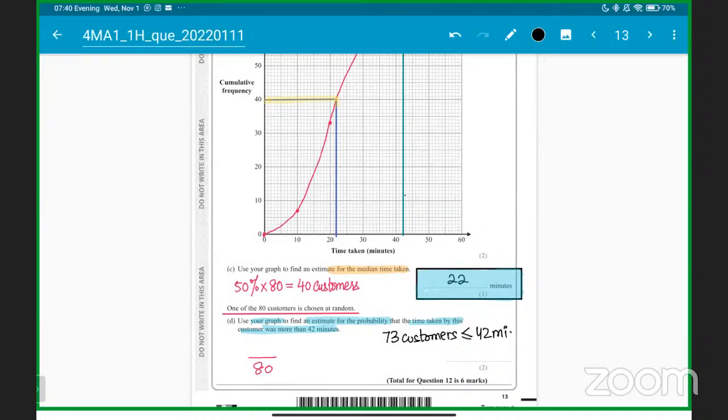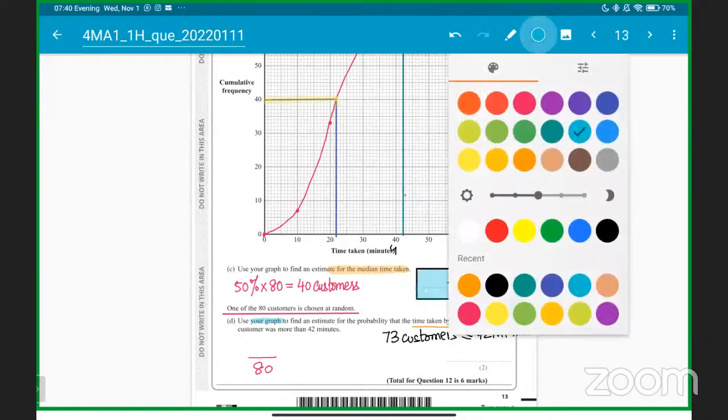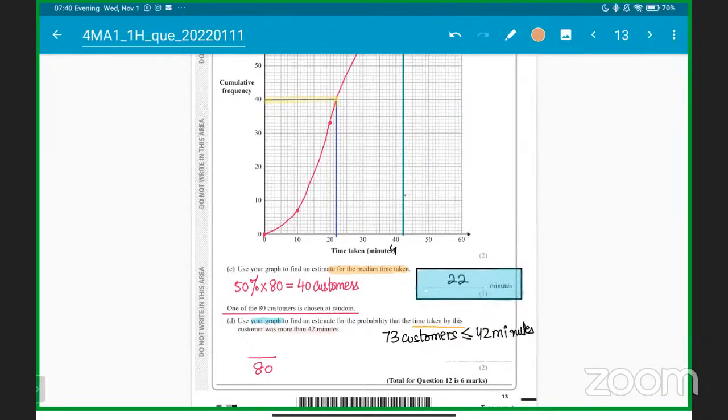This means that 42, the value that is coming, means there are 73 customers who take less than or equal to 42 minutes, from 0 till 42 minutes. Make sure you understand what the examiner is asking. The examiner is saying that the time taken by customers was more than 42 minutes. So how many customers took more than 42 minutes? You have to find that.